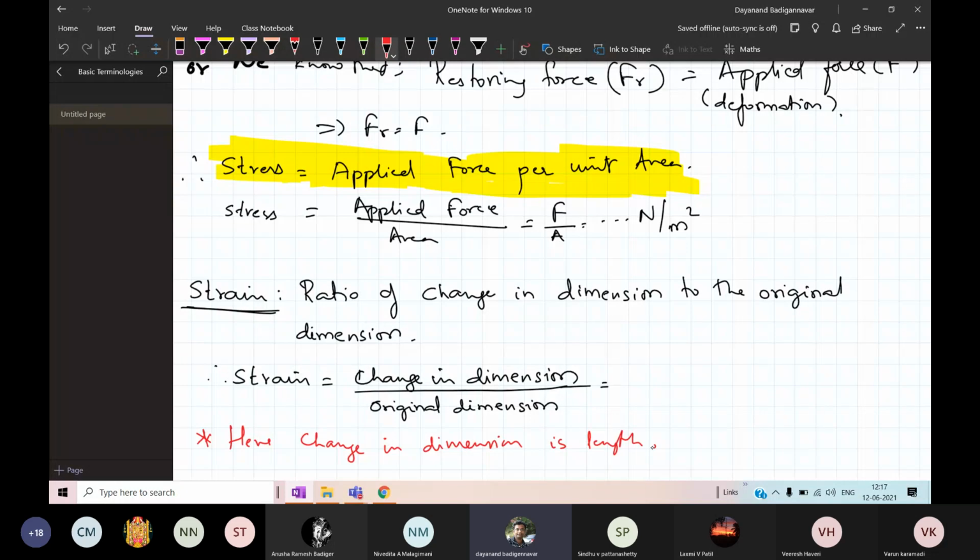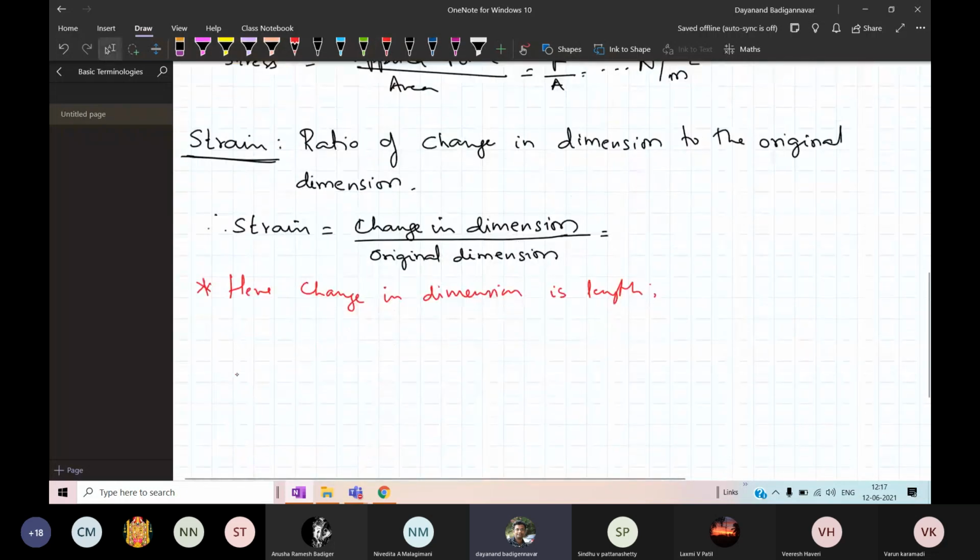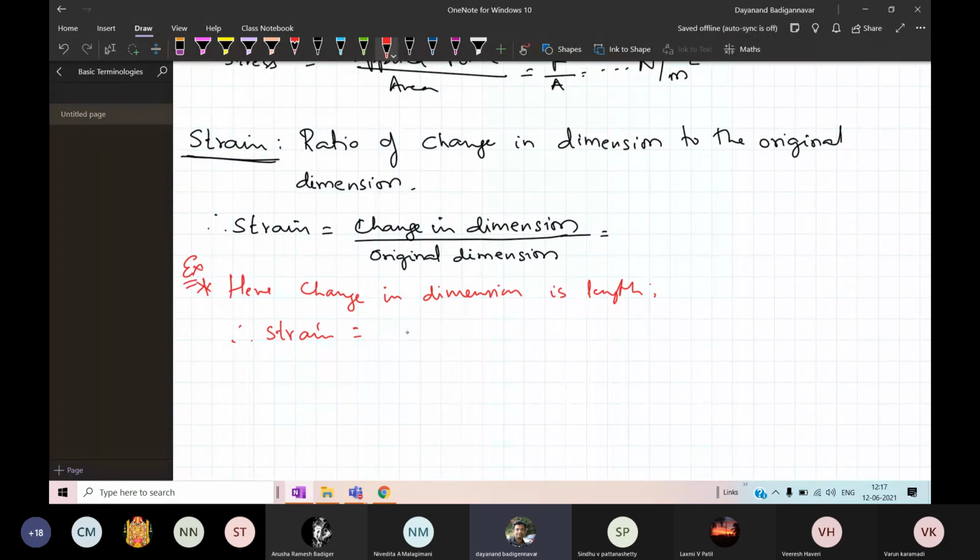The length is the one that is changed. This is the example that I have taken. Strain is equal to change in dimension to the original dimension.